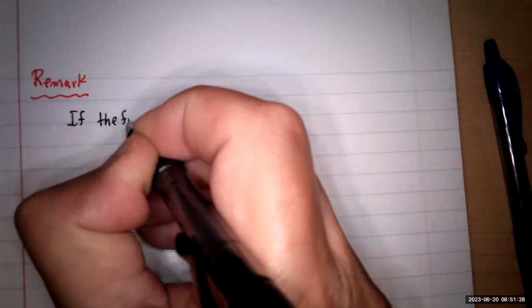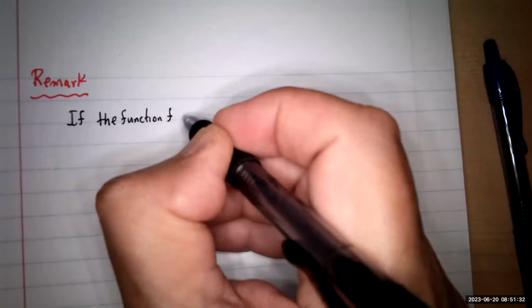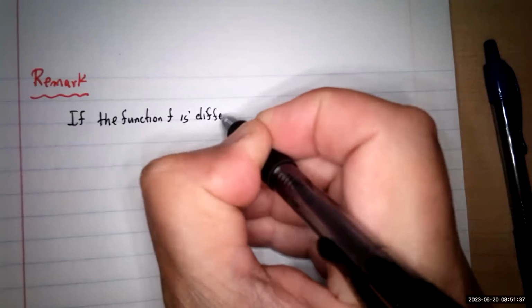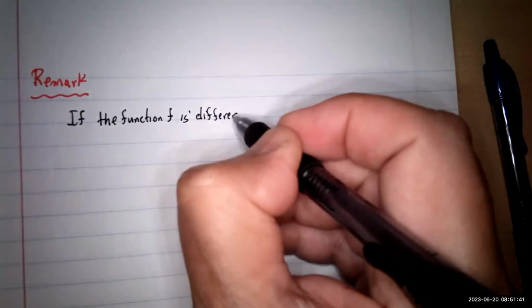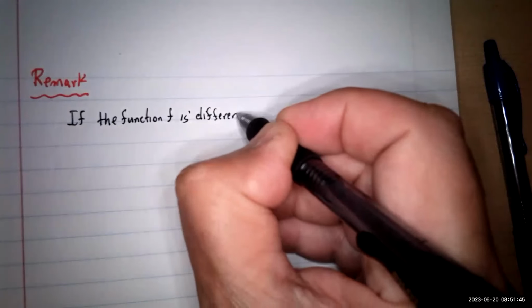So we just remind you that if the function, as we described it before, if the function f is differentiable, now you know what it means. Differentiable means the derivative exists.